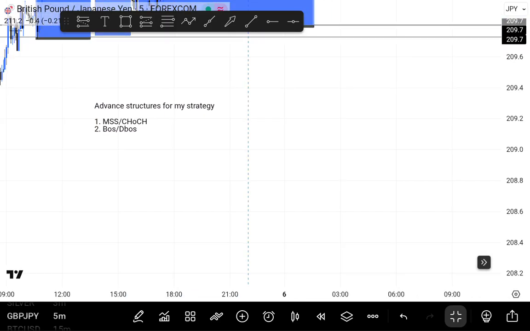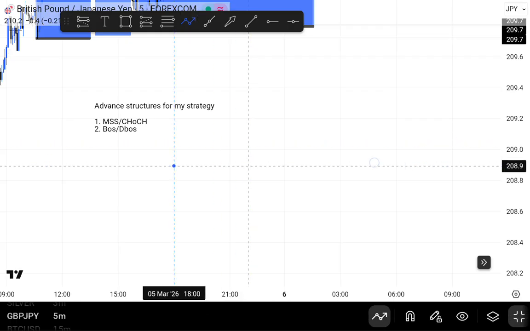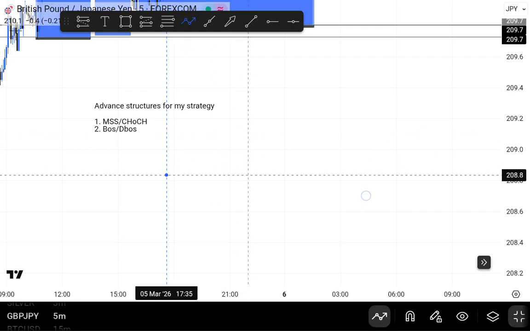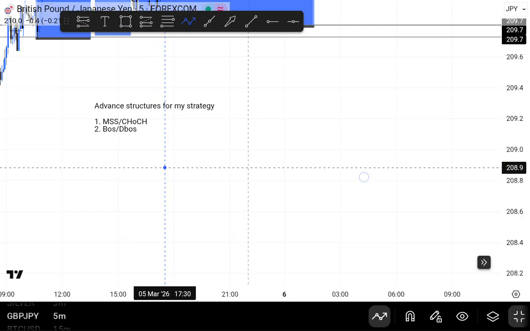So technically speaking, this is it for market structure.